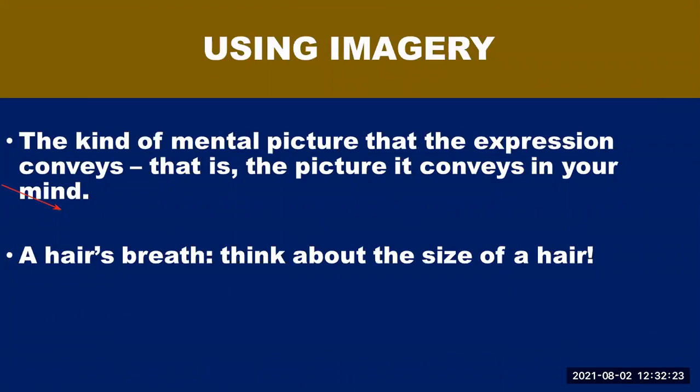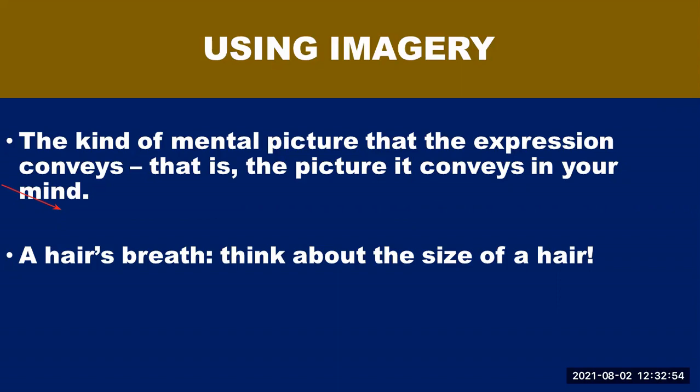Now, a hair, that's the hair on your head, a single hair. The breadth, that is width, is referring to a space. A hair's breadth is a small space, very small. The breadth of a single hair from your head, if you measure it, you can look at the space. So what does it tell you?